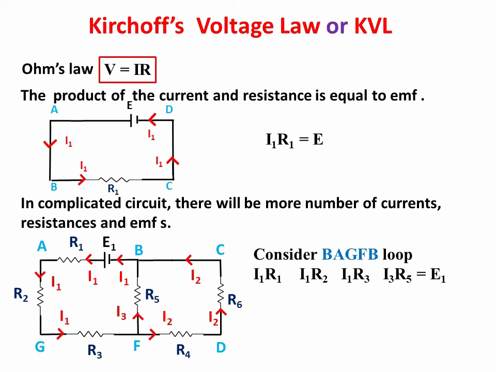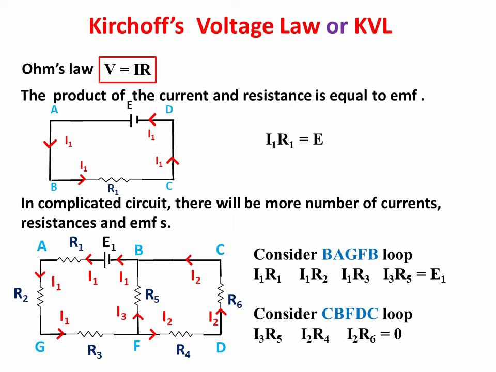For example, you choose another loop, that is C, B, F, D, C. In the CB branch there is no resistance, so you just leave it. In BF you have the resistance R5 and current I3, so I3 into R5. Next, for the branch F and D, you have the current I2 and resistance R4, so I2 into R4.